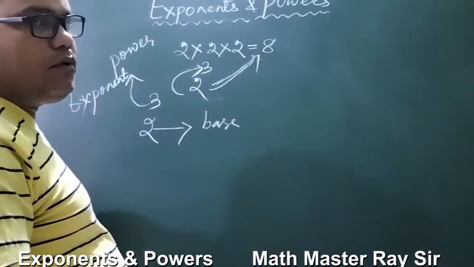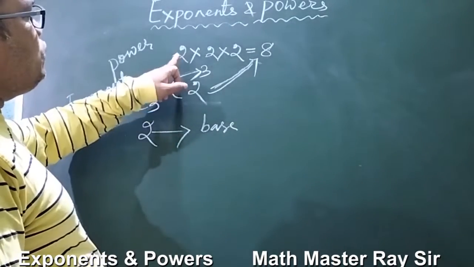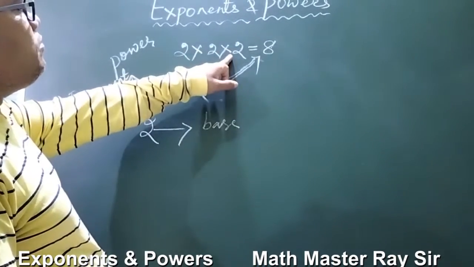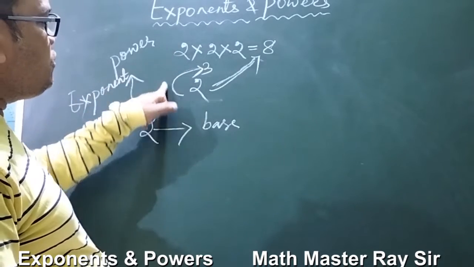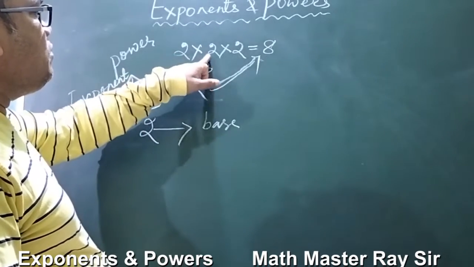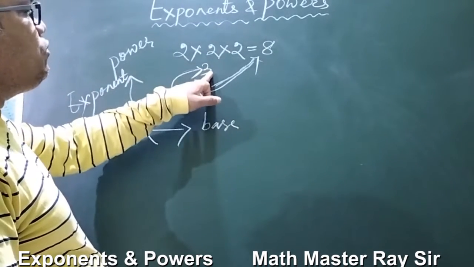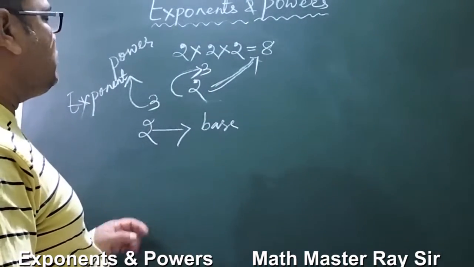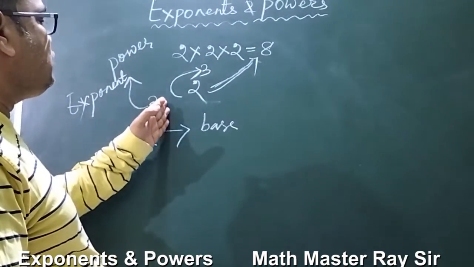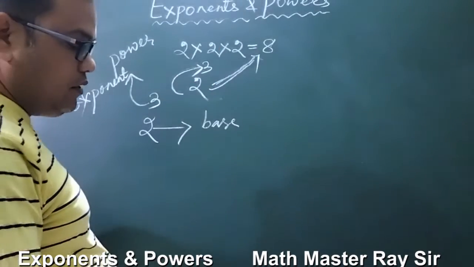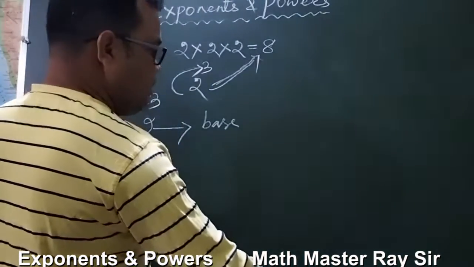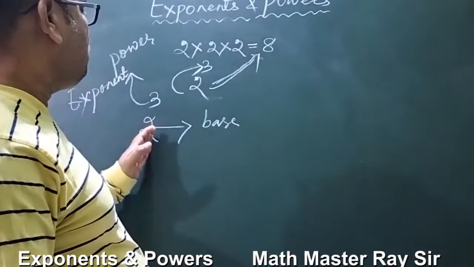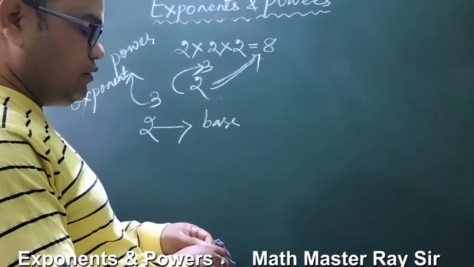Is it clear for you? 2 is multiplied 3 times, that's why 2 becomes the base, and how many times? 3 times. 3 will be the power or exponent. The result will be the same, and it is read as 2 to the power 3, that will be 8.